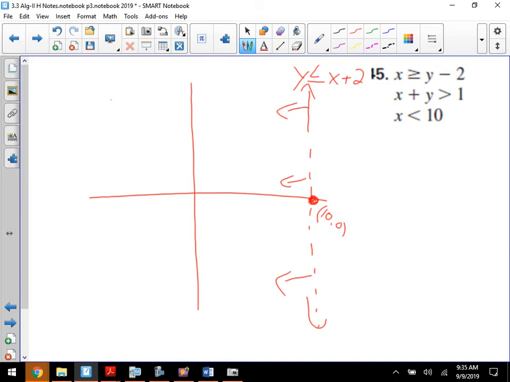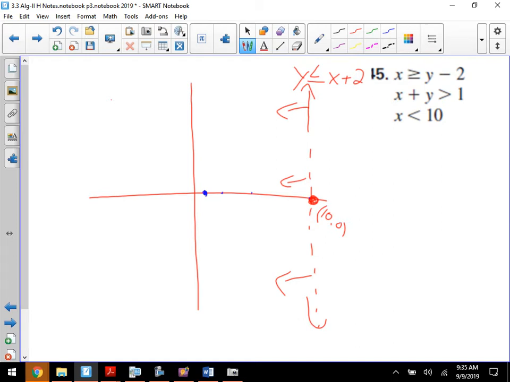Now if I go to my next one, x plus y is greater than 1, what are your x and y intercepts for that one? 1 and 1, okay? Here's how I go about figuring out the scaling of where 1 is located. If 10 is here, halfway would be 5, wouldn't it? Half of that would be 2.5. So half of that would be around 1-ish.